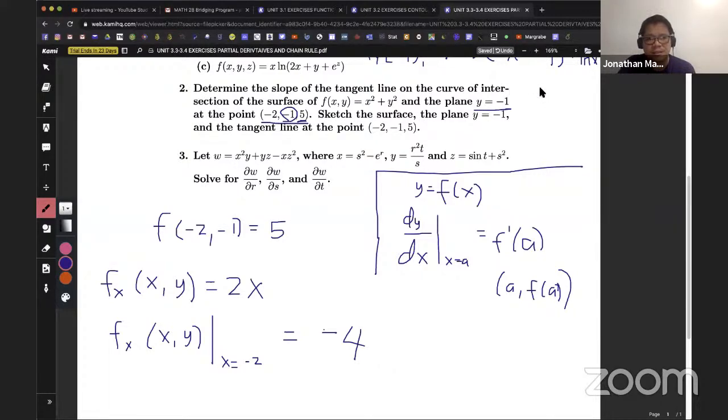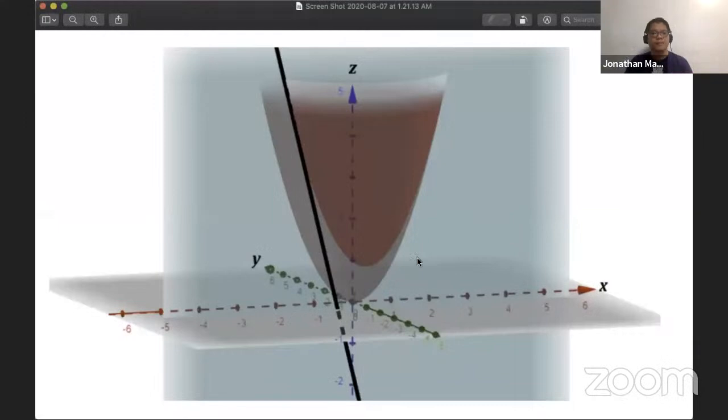Okay. Ipakita ko lang sa inyo yung graph nito para lang ma-visualize ninyo. Okay. So ito yung graph ng function. So take note, ito yung paraboloid.